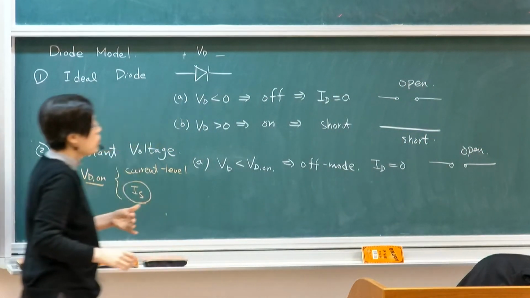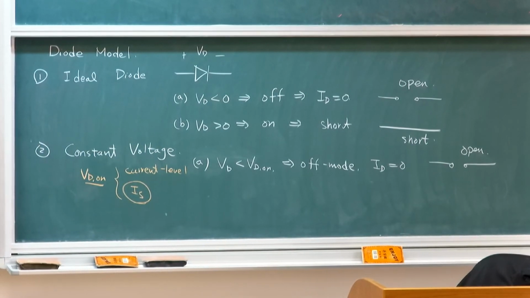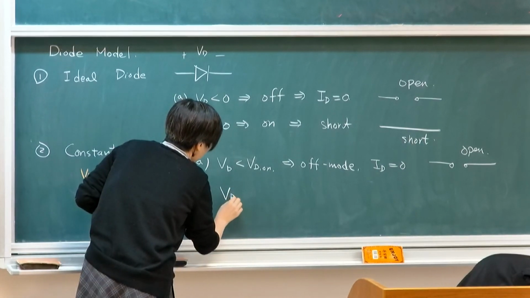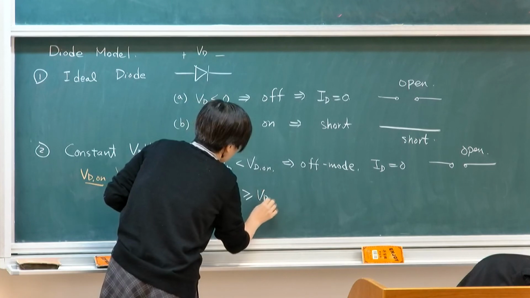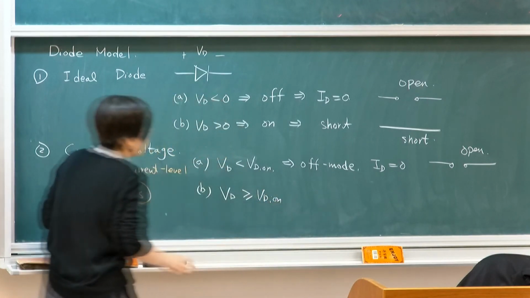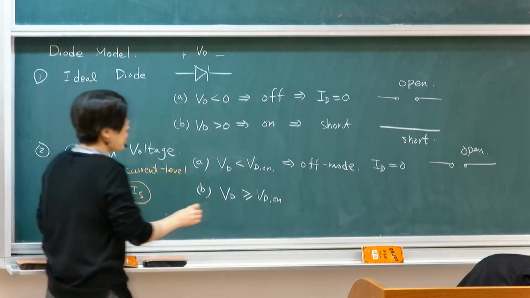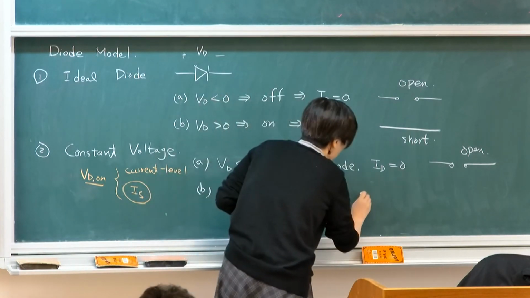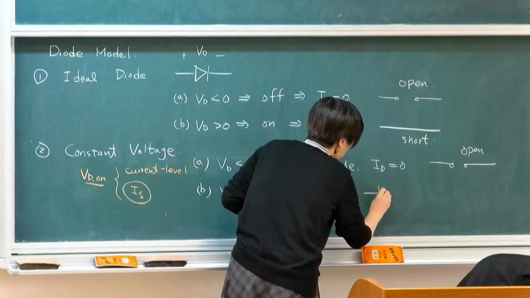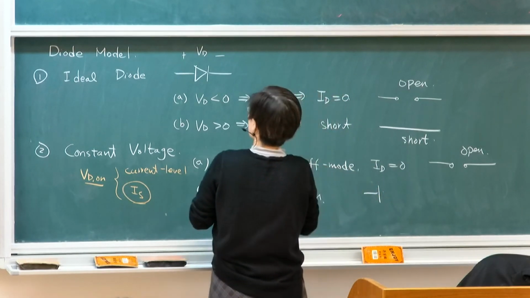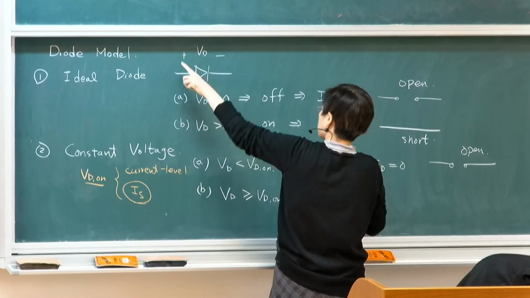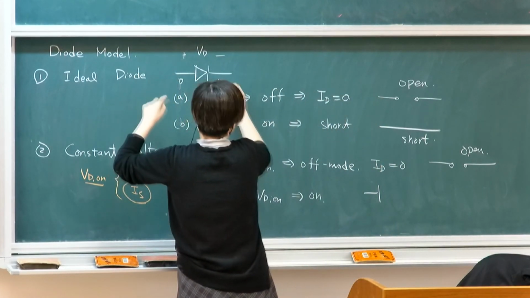So there's basically no current flowing in a reverse bias diode. And of course, if it's equal to or larger than VD-on, we assume that it turns on. It's an on mode, and the model to view this will be P. Oh, sorry, which side? Okay, this is P, and I'm flipping the side.